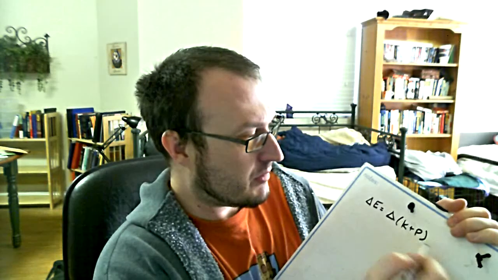Okay, so the best way, I believe, to solve this problem is using work-energy. And the equation that I would say is most appropriate is the following. You may have seen this in different forms.